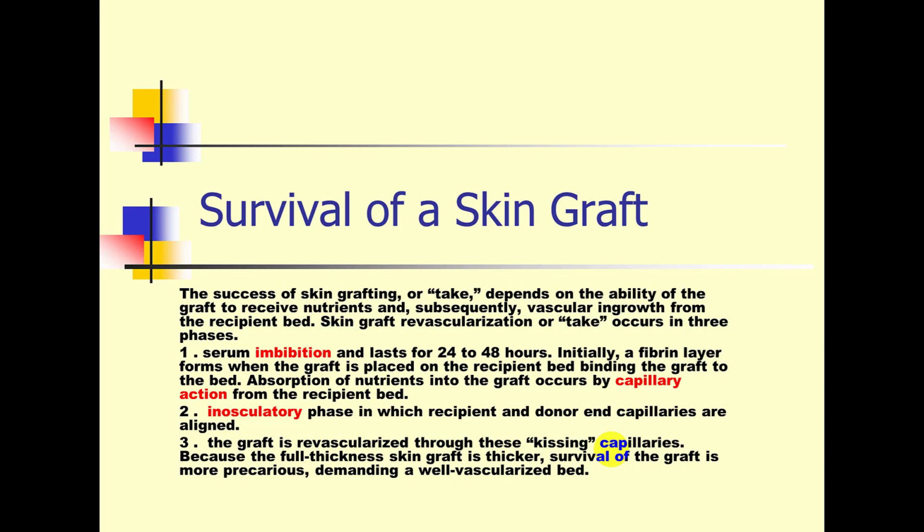So whenever I have a thin graft, the take rate is very high because the process of nutrition is very good in a thin layer. Whenever I have a thick graft, I have more tissue and more cells requiring nutrition for survival, so it depends on the vascularity of its place.